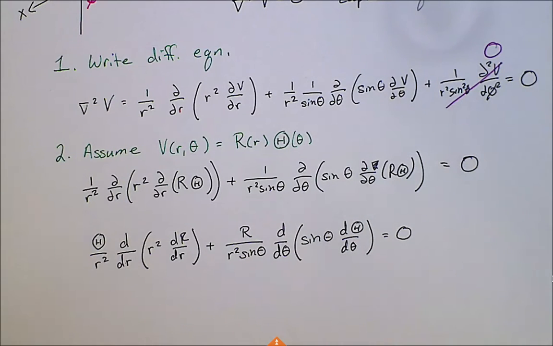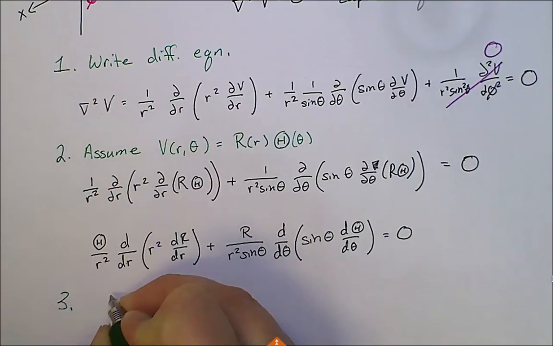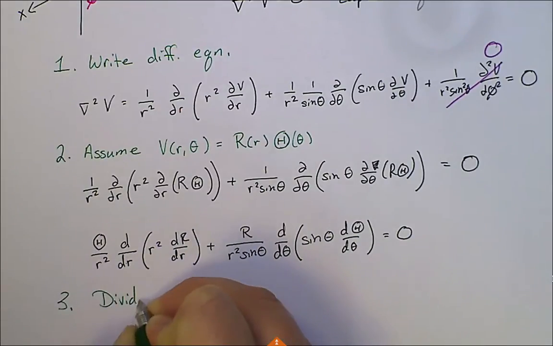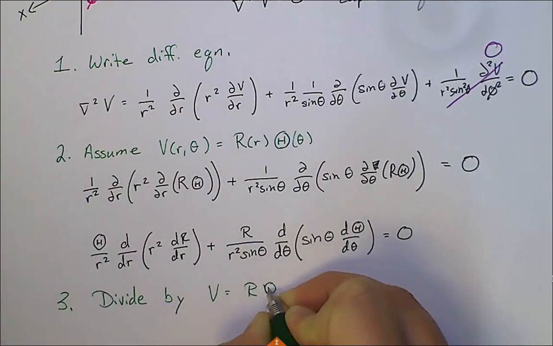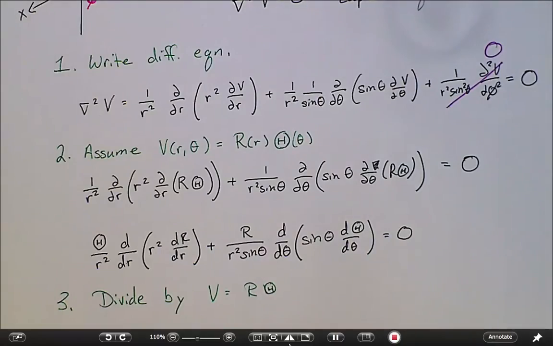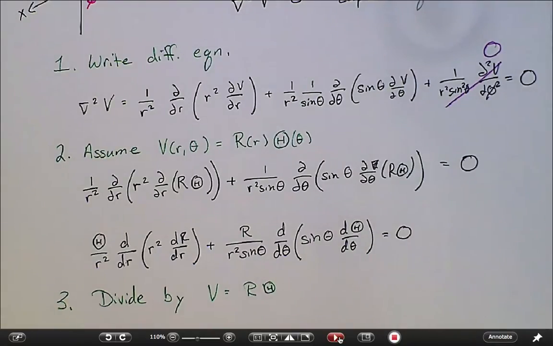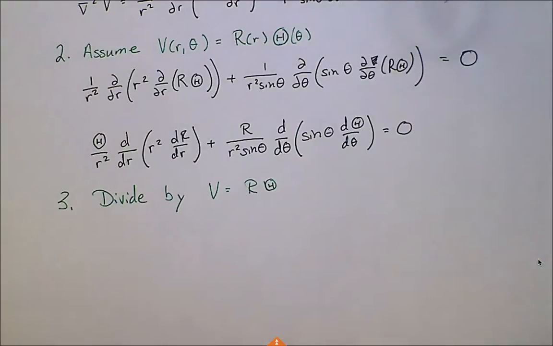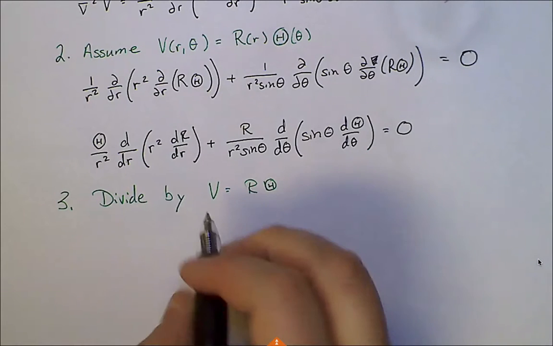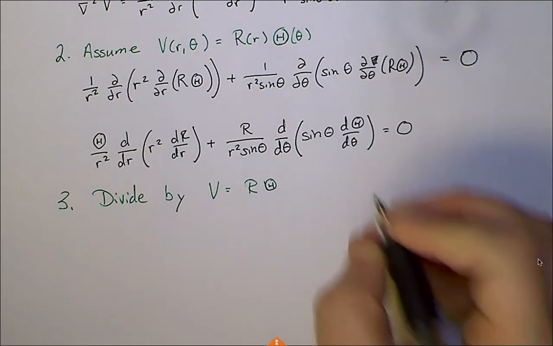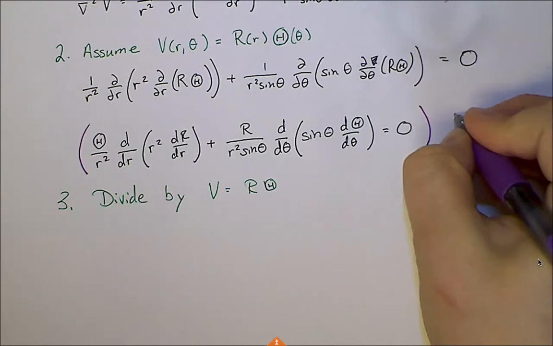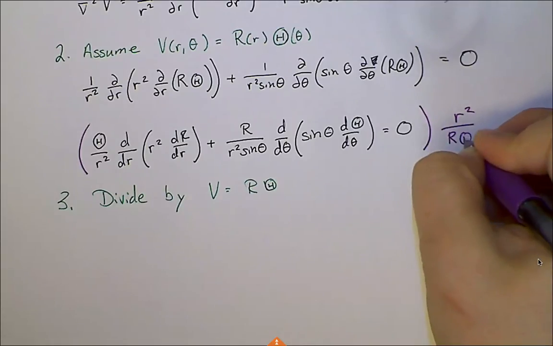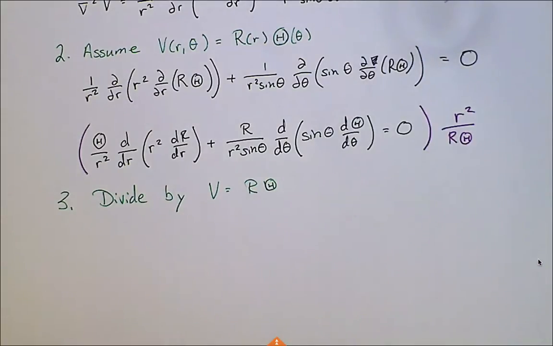All right, now to step 3. Divide by V, which in this case, remember, is big R, big Theta. So dividing both sides by V, I'm also going to multiply the whole thing. So here what I'm going to do is multiply my whole equation by r squared over V, which is big R, big Theta.